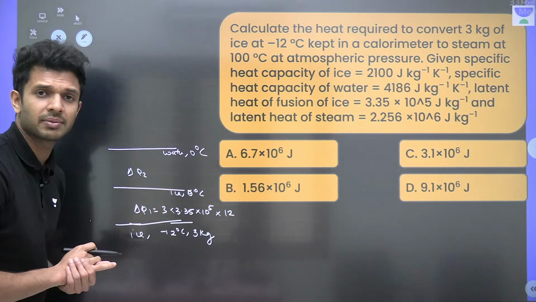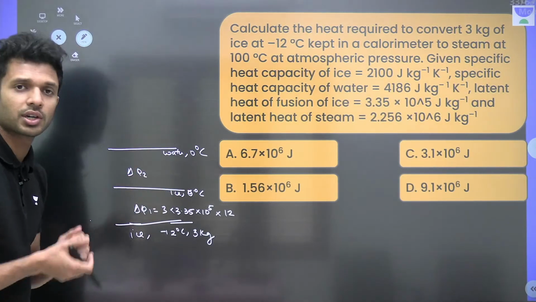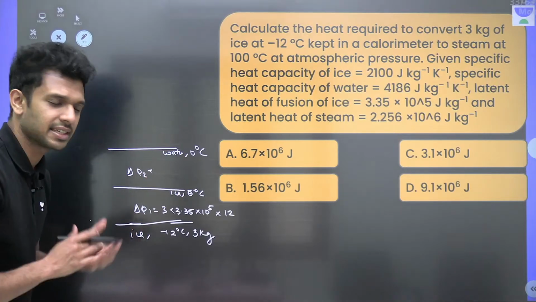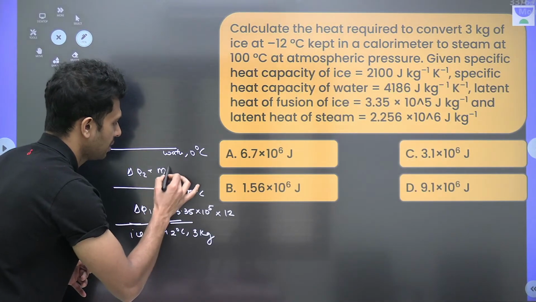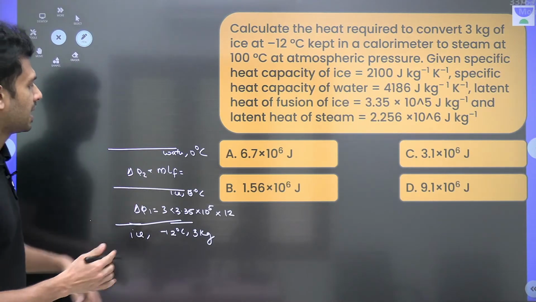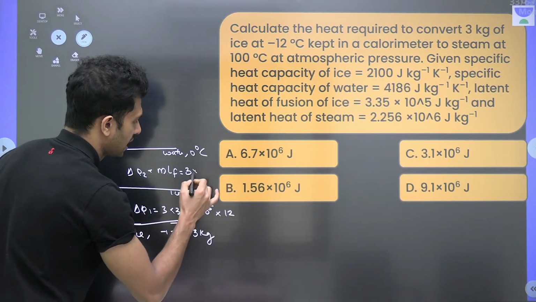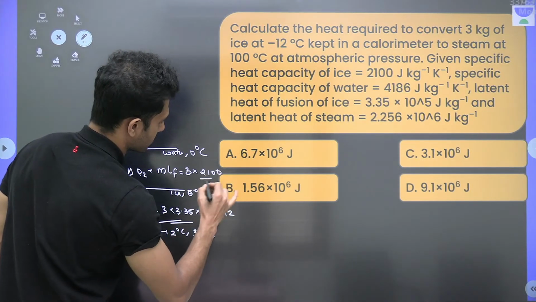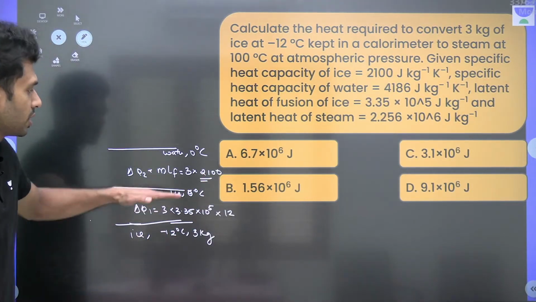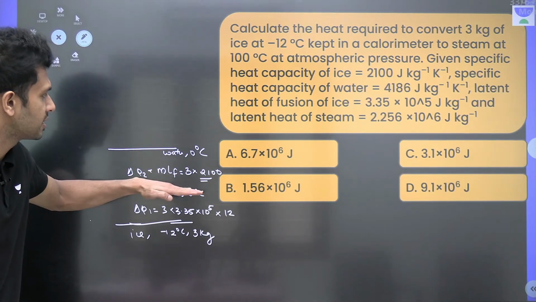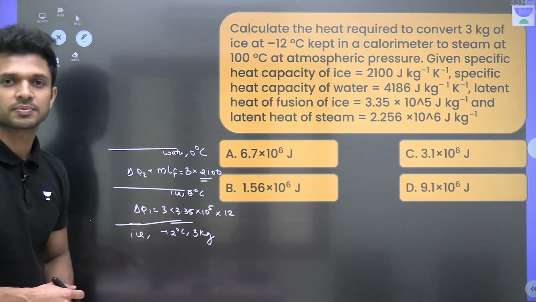Don't we have to provide some heat for converting ice to water? Yes. So delta Q2 is the amount of heat energy, let's say. Formula is m into latent heat of fusion, right? What is the mass? It's always 3. And latent heat of fusion of ice, 2001. So this much heat energy has to be given for converting ice at 0 to water at 0.